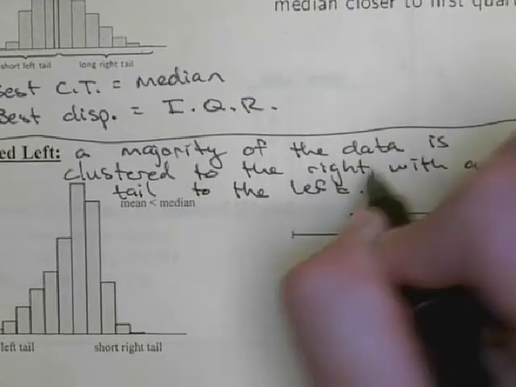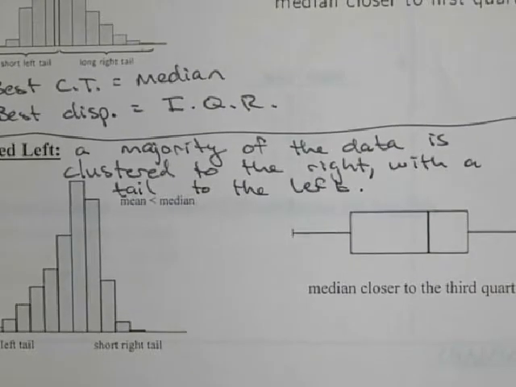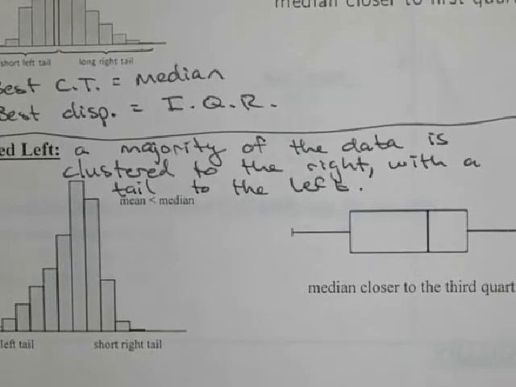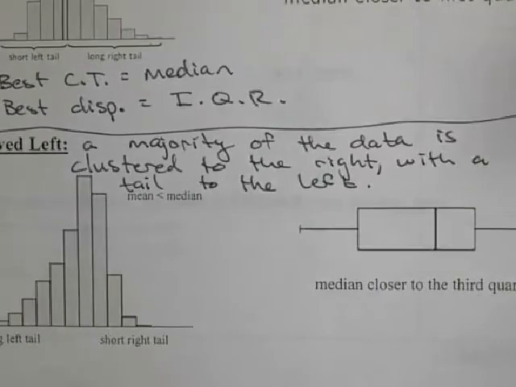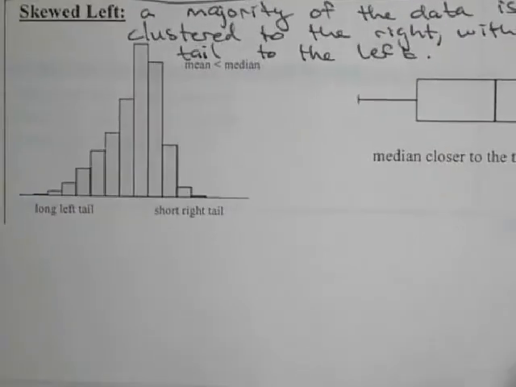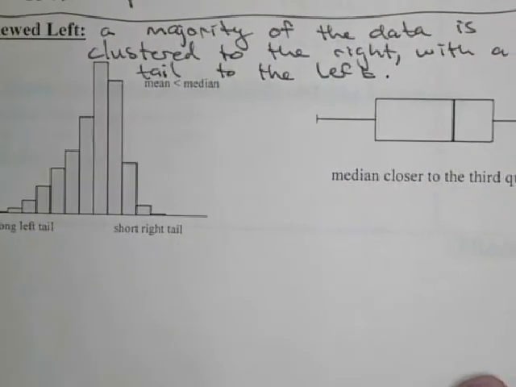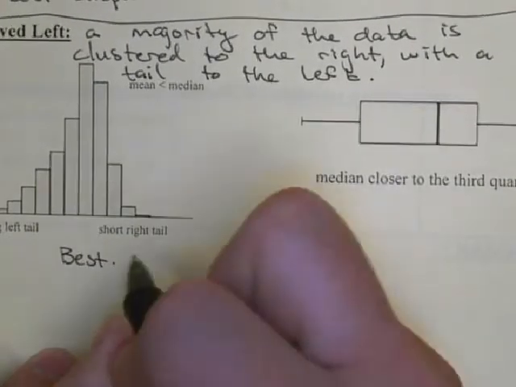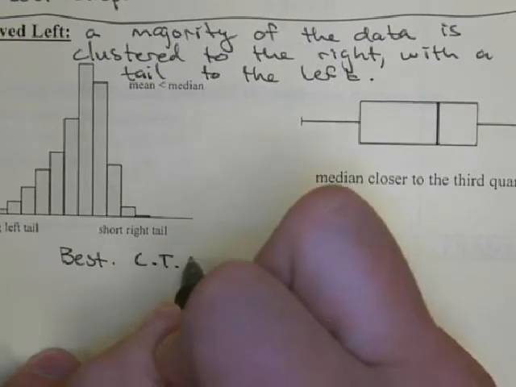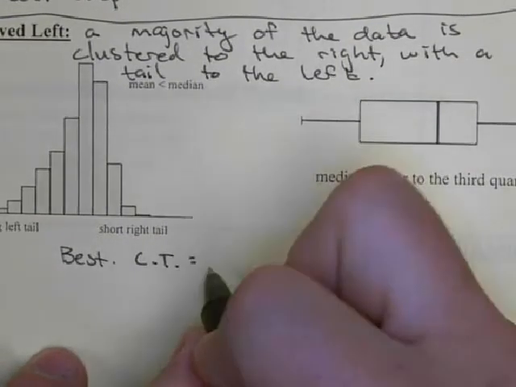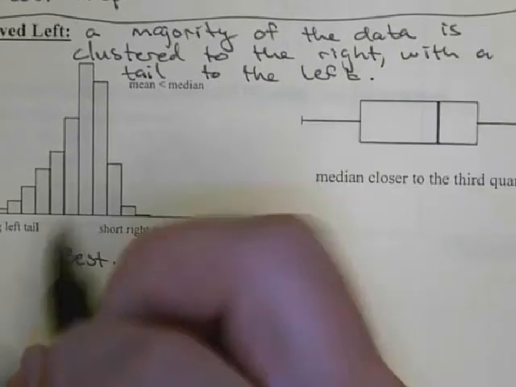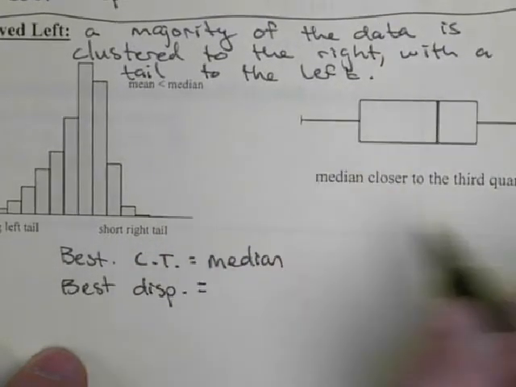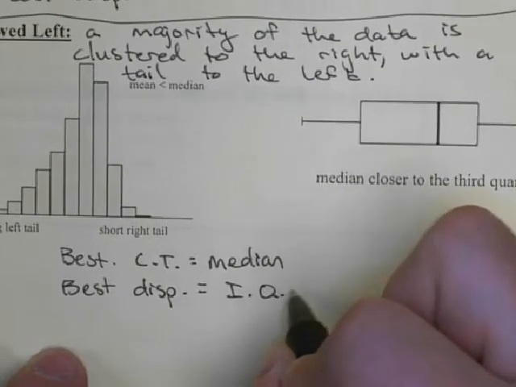So whenever you're using this skewed idea, look for the tail. Tail on the left, skewed left; tail on the right, skewed right. And the summary statistics are the same as skewed right. Our best central tendency will be the median, and the best dispersion statistic is the interquartile range.